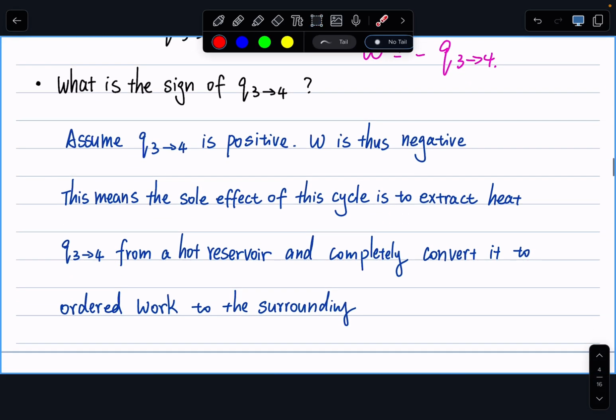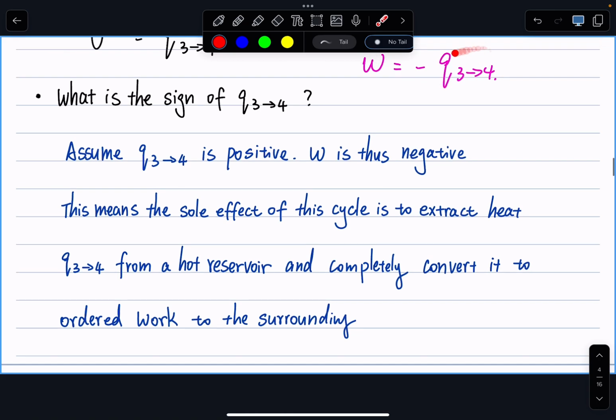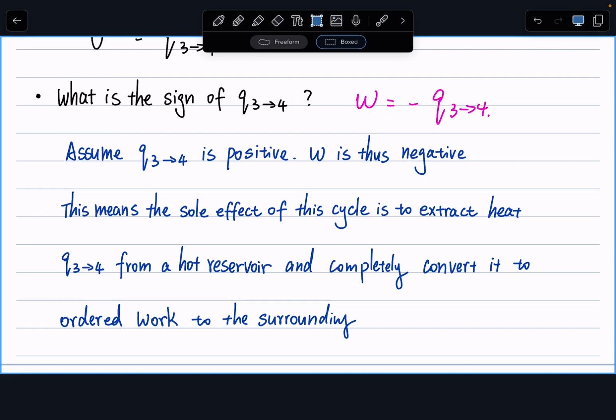In this case, we want to know whether my Q 3 to 4, or my heat, is a positive or a negative number. Let's assume this number is positive. Then because of our first law of thermodynamics, my total work must be negative.